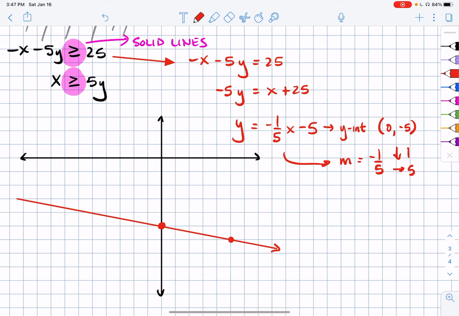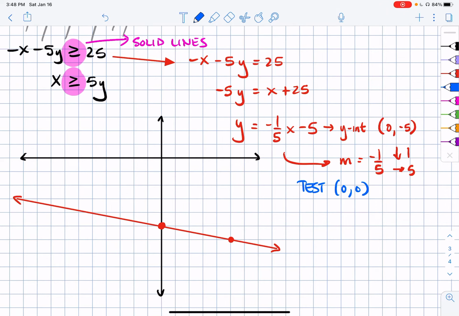Okay, solid line. So what I can do is now test 0, 0. If I test 0, 0, then I got to test on the original.